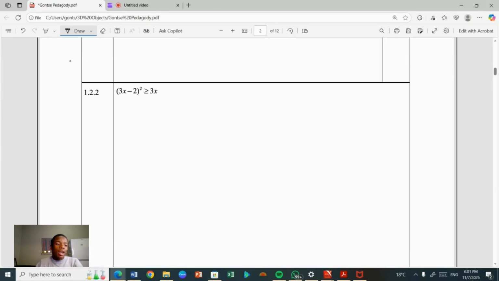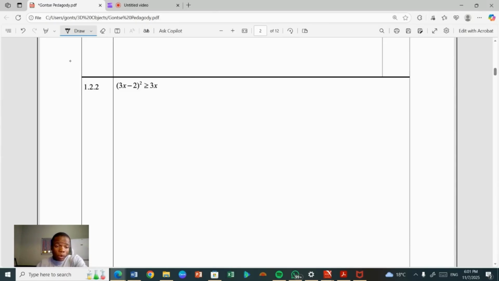Okay, from here is 1.2.2. Let's say solve for x, right? So from here we do what? This is the difference between two squares, right? Then from here we just say 9x squared minus 12x plus 4 is greater than or equal to 3x, right?